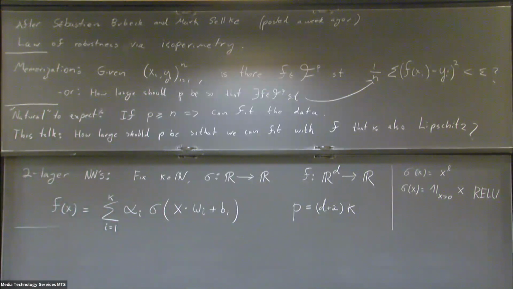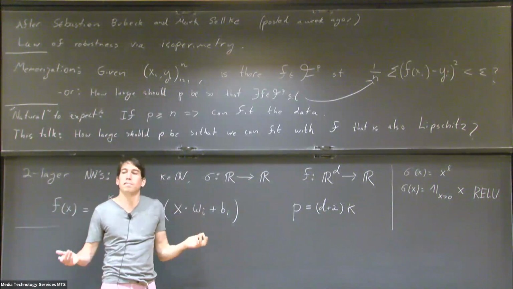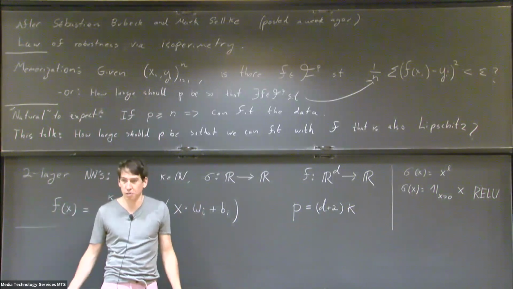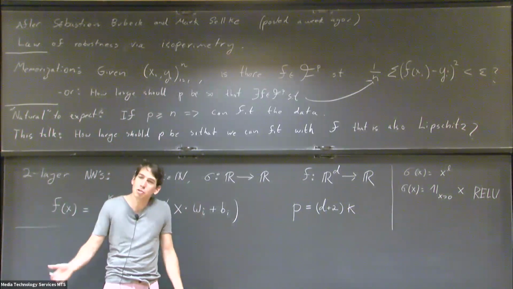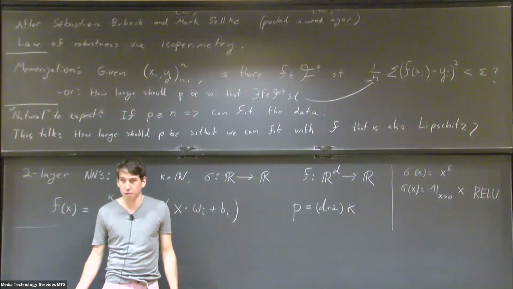just the word memorization, I mean, it looks like approximation to me. So the point is you don't approximate. The assumption is maybe that xi and yi came from some function you're trying to learn. Maybe yi is g of xi for some function g you're trying to learn.